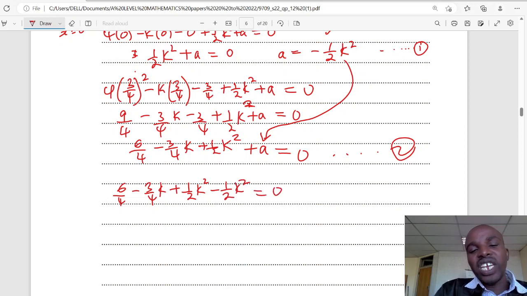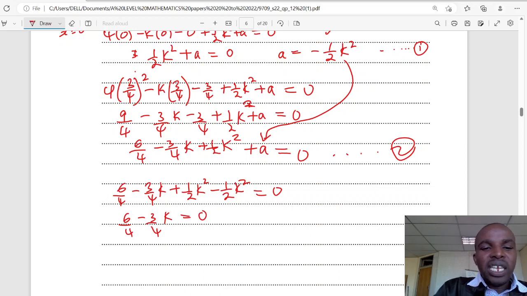Half k squared minus half k squared is 0. Then you'll be left with 6 over 4 minus 3 over 4 k is equal to 0. Then take whichever to the other side. You'll be left with 6 over 4 is equal to 3 over 4 k. Then multiply everything by 4. You get 6 is equal to 3k. Then divide both sides by 3. You get your k is equal to 2.